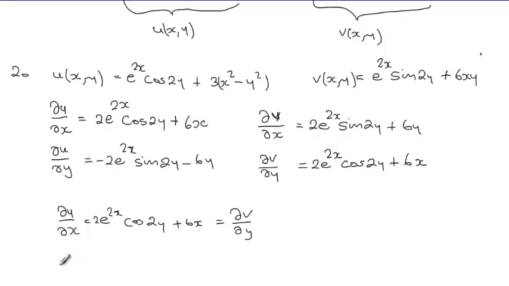And on the other hand, looking at the second Cauchy-Riemann equation, take ∂u/∂y, which is equal to -2e^(2x) sin 2y - 6y. Now comparing with ∂v/∂x, we can see that this is equal to minus 1 times ∂v/∂x.